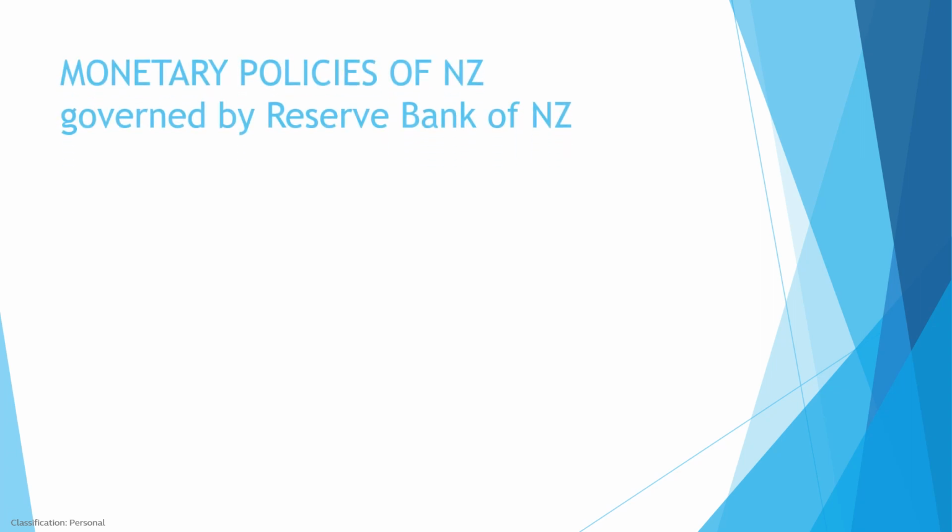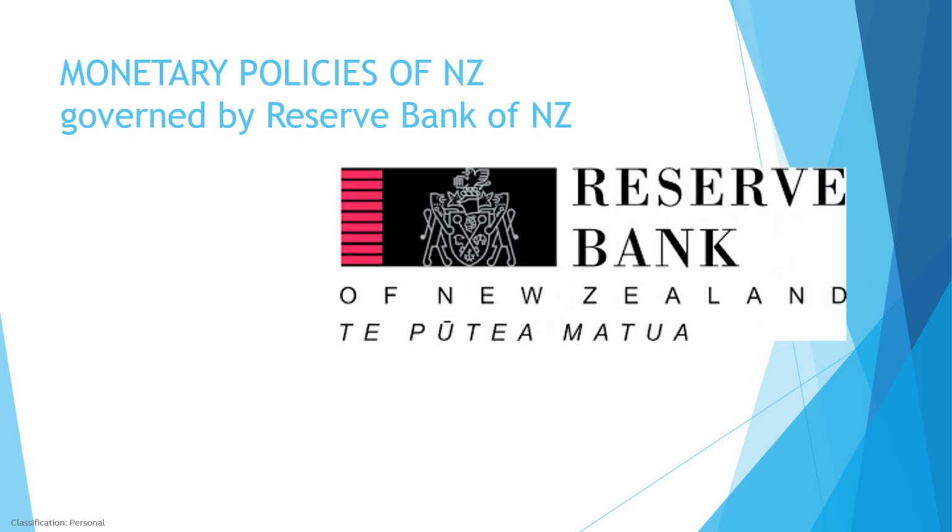Monetary policy of New Zealand is the responsibility of the Reserve Bank of New Zealand, which is tasked with maintaining price stability and supporting economic growth. The key points are below. First, inflation targeting.